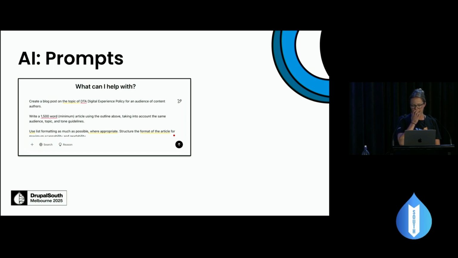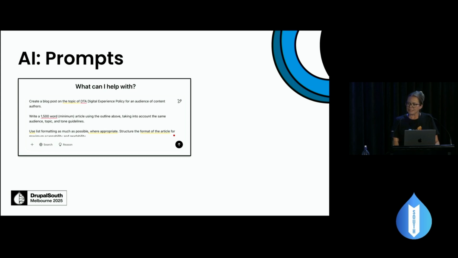So I'm just using it here as the example. I won't read the whole thing out because it's quite long, as you can see. The key points are that you need to set the style or tone of your article. We've got the create a blog post on the topic. So in here, I've just inserted DTA, digital experience policy, and for the audience, I inserted content authors.